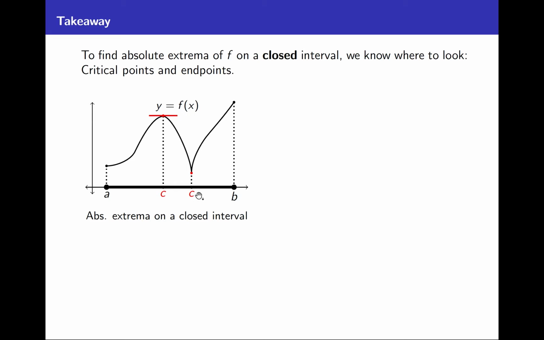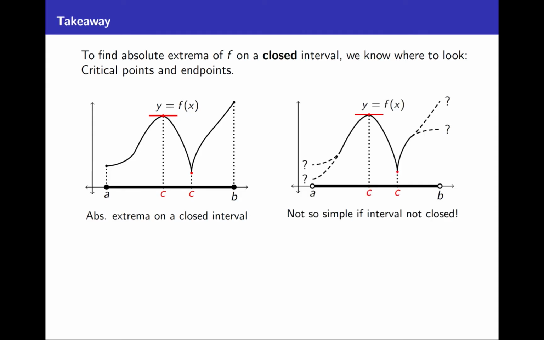It has an absolute minimum at this critical point c and an absolute maximum at this endpoint b. So in finding the absolute extrema of f on a closed interval, we can just find the critical points, plug them into the function, and then plug in the endpoints, and take the biggest one of those, and that's your absolute maximum, and the smallest is your absolute minimum.